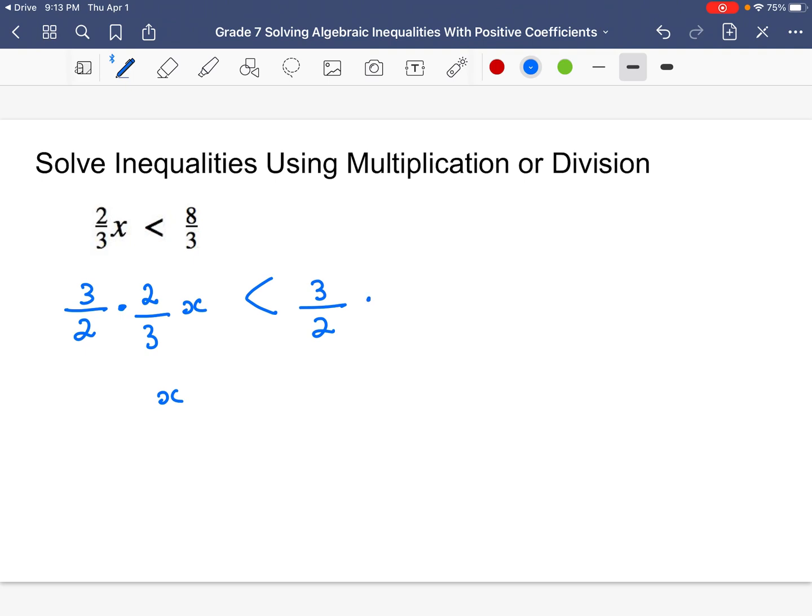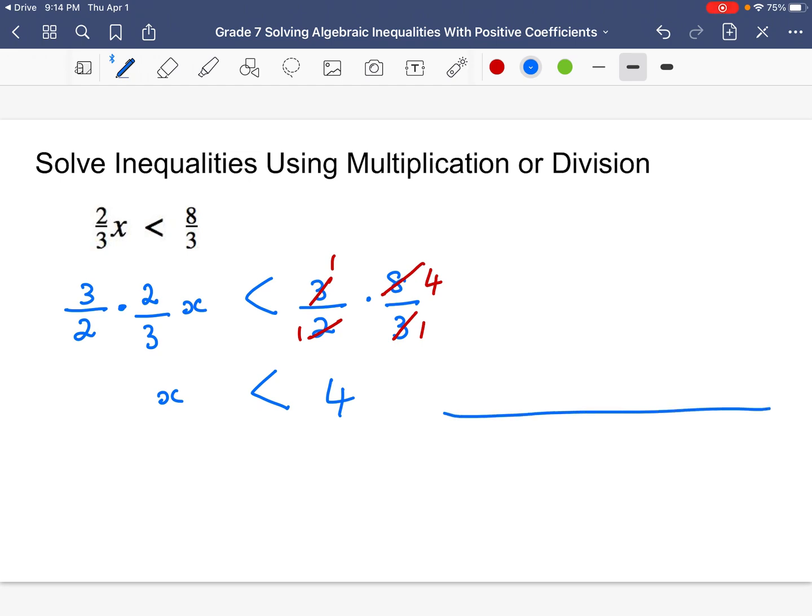Multiply 8/3 by 3/2. So then I get x is less than, and I'm going to do some simplifying here. 3 divided by 3 is 1, 3 divided by 3 is 1, and I can simplify the 2 and the 8. 2 divided by 2 is 1, 8 divided by 2 is 4. So I get across the top 4 times 1 is 4, and the denominator 1 times 1 is 1, so the answer is 4. X is less than 4.